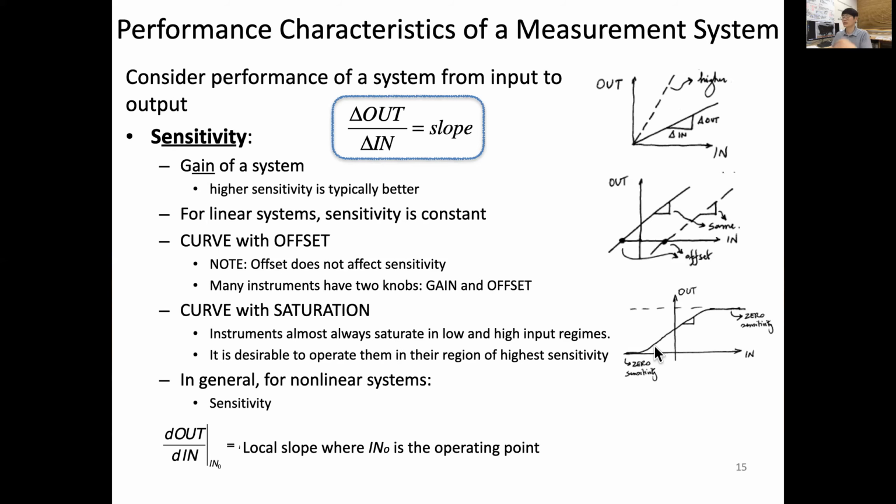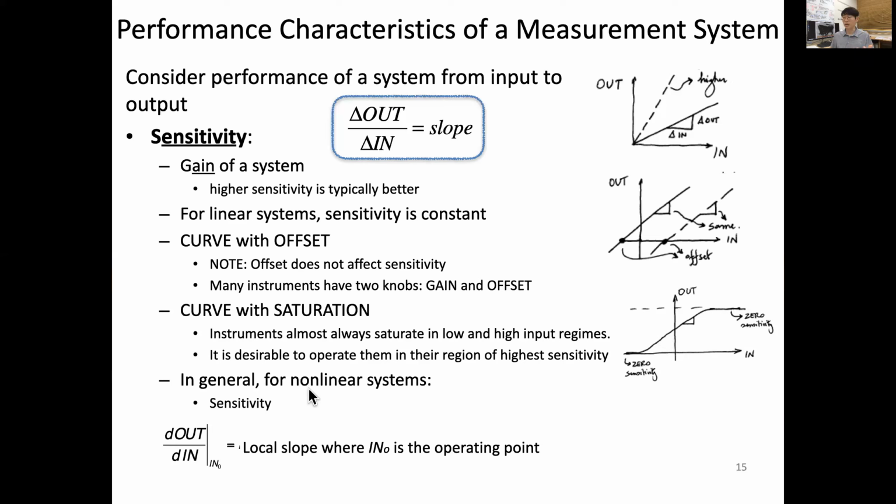This is a diagram showing that. If there's too small an input, there's zero sensitivity. And if you give the input higher and higher, it will hit saturation. So that's zero sensitivity again. So you want to use it within this linear range, or it's desirable to operate in the region of highest sensitivity. So this is kind of nonlinear.